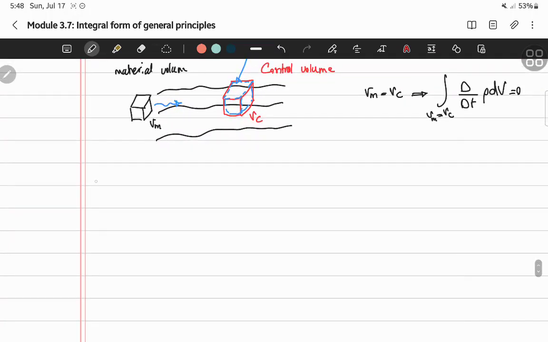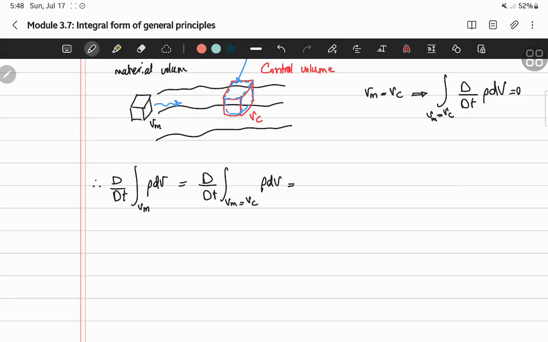We have D Dt integral of rho dv over Vm, which at that instant becomes the integral over Vc of rho dv.